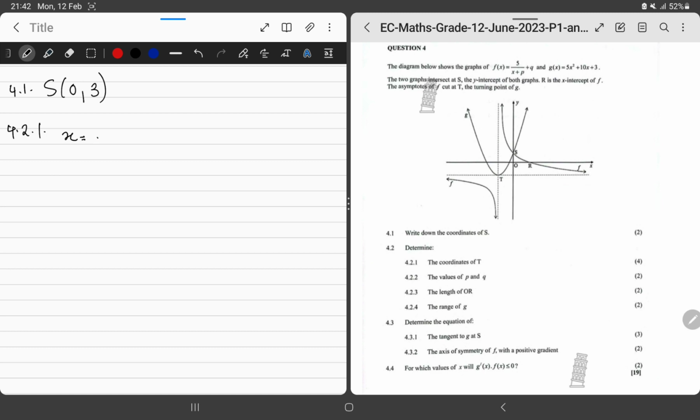In order to find the x-coordinate of the turning point, we use the equation for the axis of symmetry. Our b is 10, and our a is 5. That's -1. And then we're just going to substitute the value of x of the turning point into the mother function.